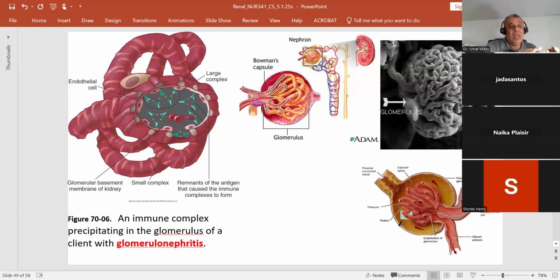In peds, AGN is very similar in terms of manifestations and symptomatology to children with nephrotic syndrome. In nephrotic syndrome, they lose more than 4 grams of protein in the urine daily. So that's proteinuria. There will be hematuria, decreased GFR.